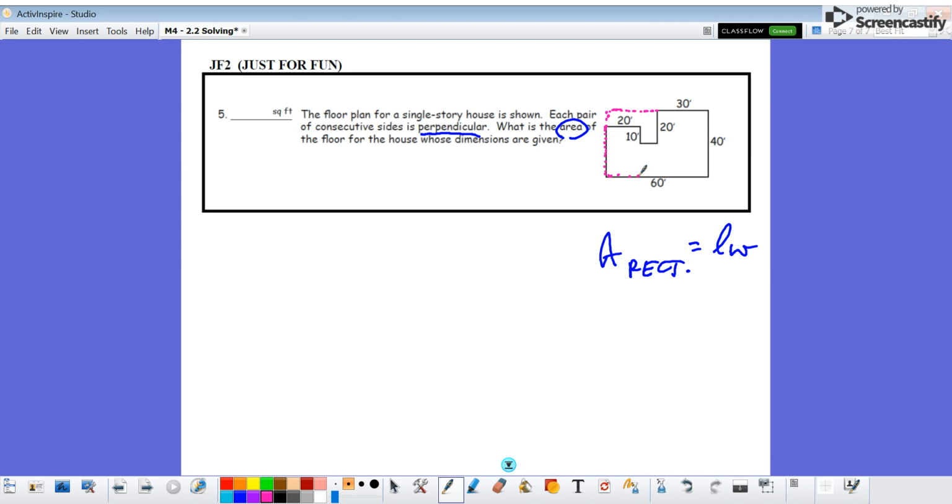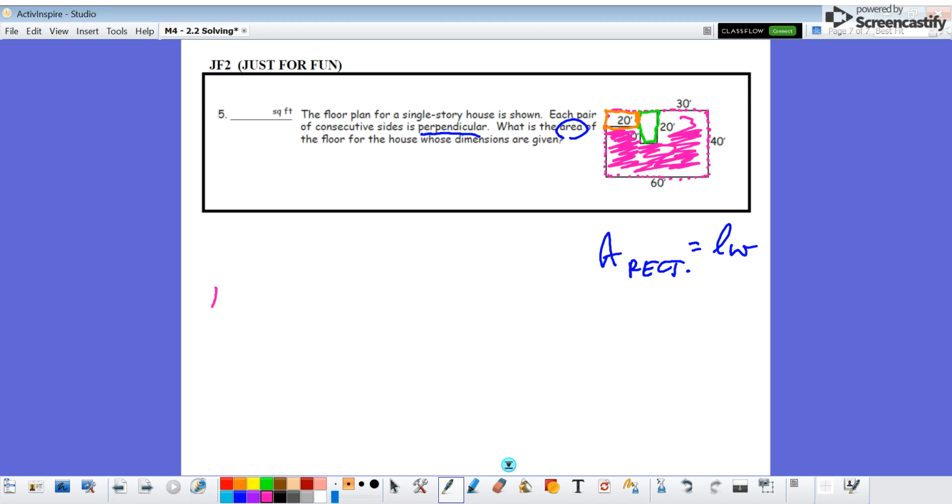So if I found the area of this rectangle that I'm dotting right now, the whole thing, and then subtract out the green rectangle and subtract out the orange rectangle, then I'll have the area I'm being asked to find, which is the pink area, which is everything in here. That was my thought process as opposed to adding all the little pieces.